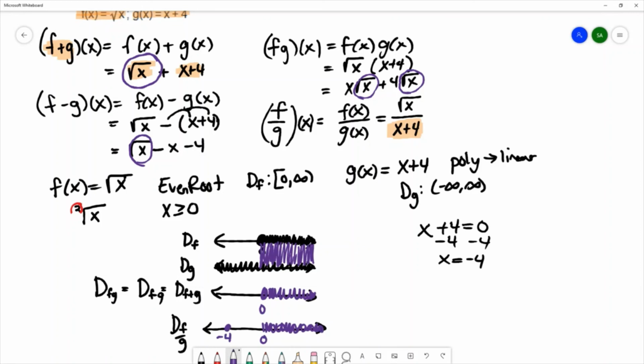So the statement that x needs to be greater than or equal to 0 already excludes -4, so I don't need to do anything extra to exclude that value. So the domain of f over g is 0 to infinity, just like f plus g, f minus g, and f times g.